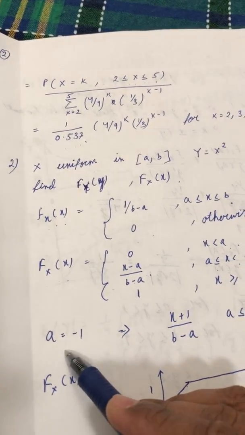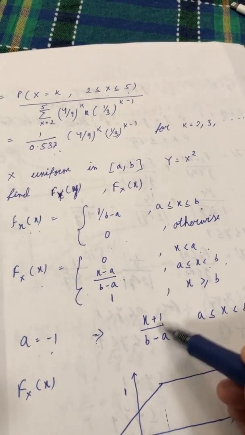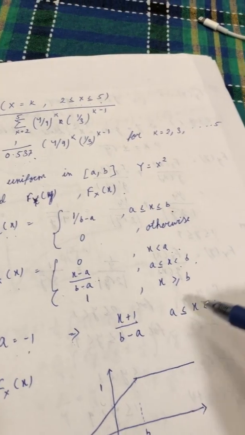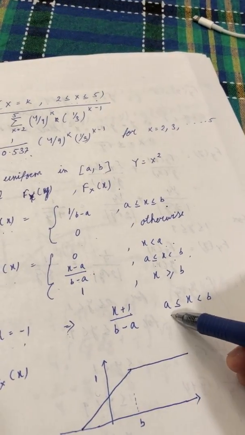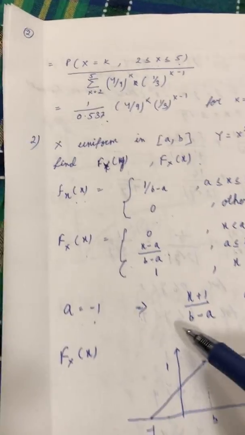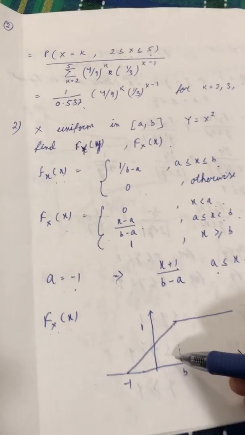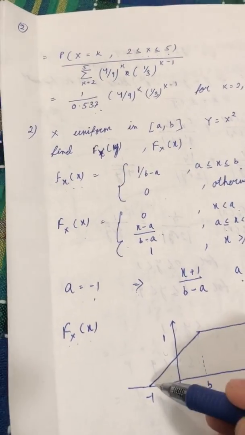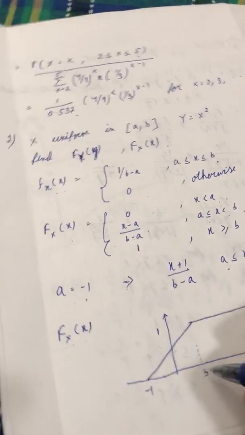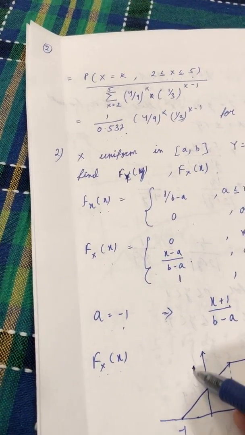So when a equals minus 1, we get (x plus 1) divided by (b minus a) when x is between a and b. From this we can draw the graph of F(x), starting from minus 1, and this point will be b, and the maximum value will be 1.